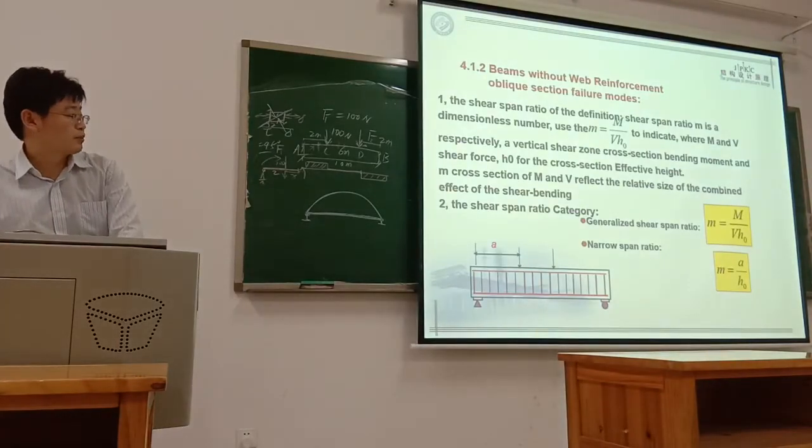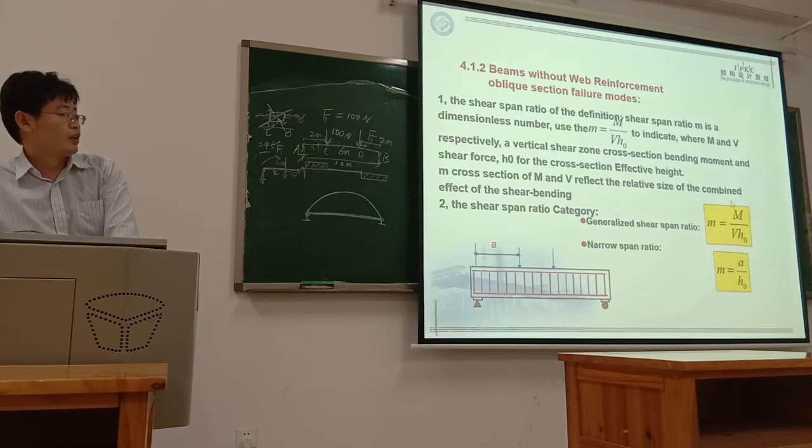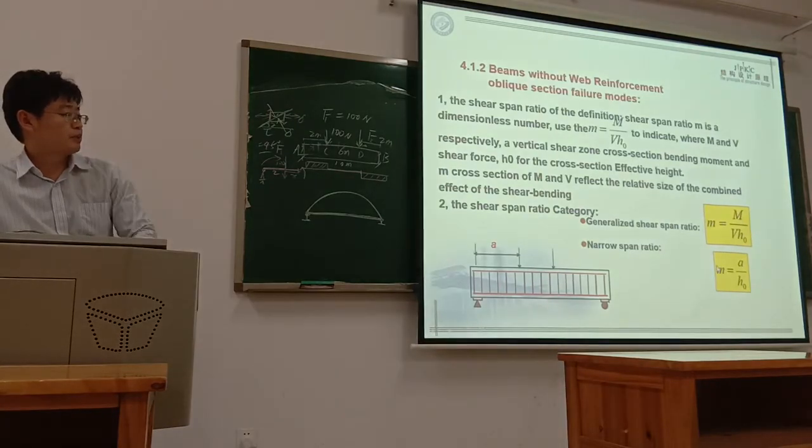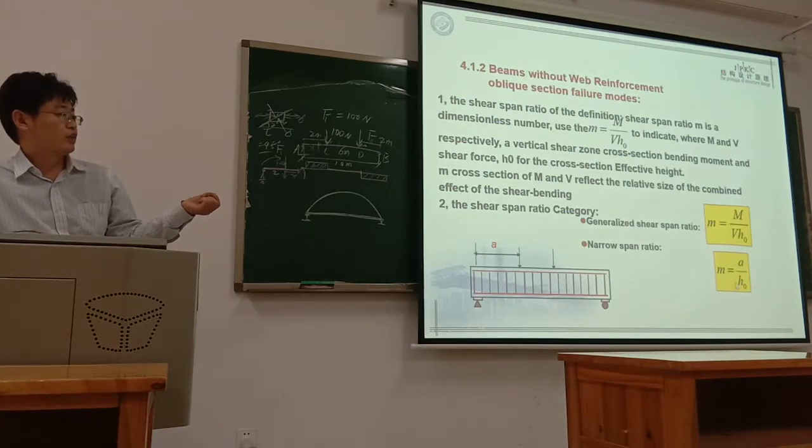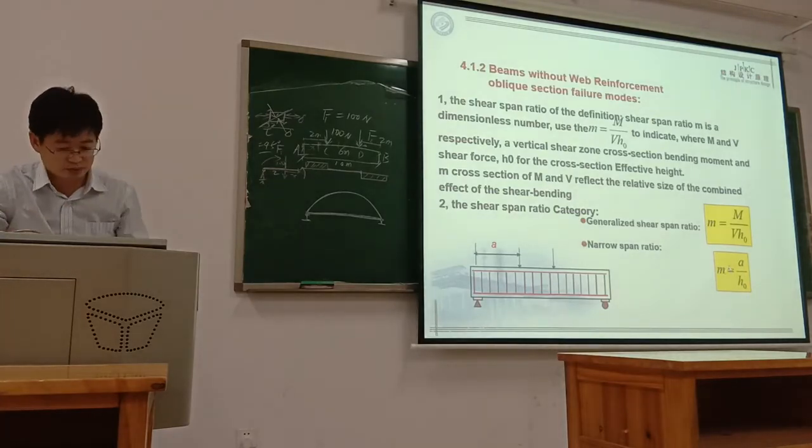Basically, it should be M divided by V h0, but we can simply make it simple and use the distance a divided by the effective height to calculate the shear span ratio.